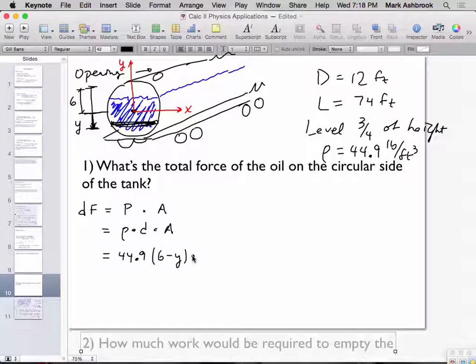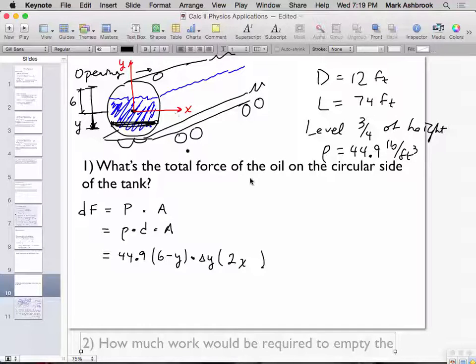Okay? And then times, what's the area of the strip? Well, it's going to be delta y, the height of it, times 2x. It's going to be 2 times the x coordinate. So we need x in terms of y.